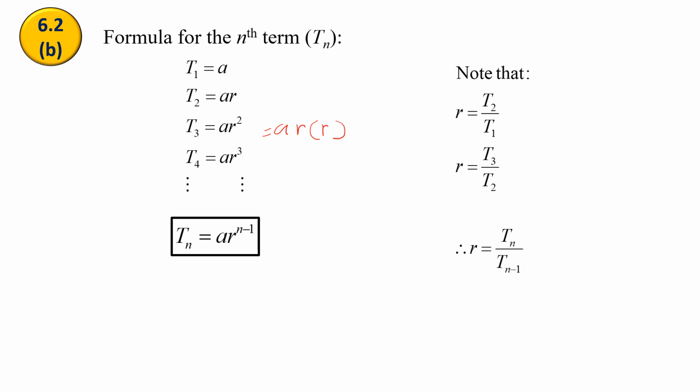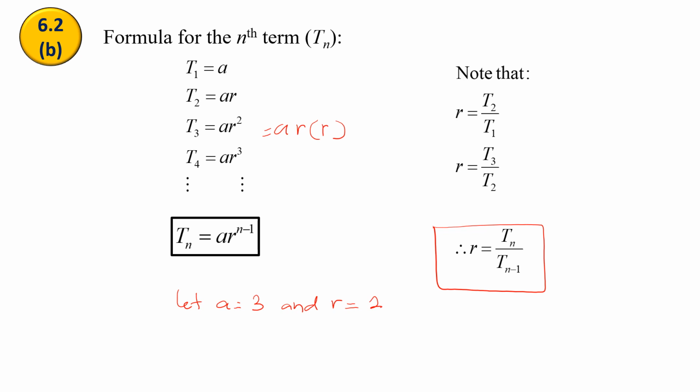Note that to get R is T2 divided by T1, or R can be determined by using T3 divided by T2. Therefore, to get R is Tn over Tn minus 1. For example, let A equal to 3 and R equal to 2.